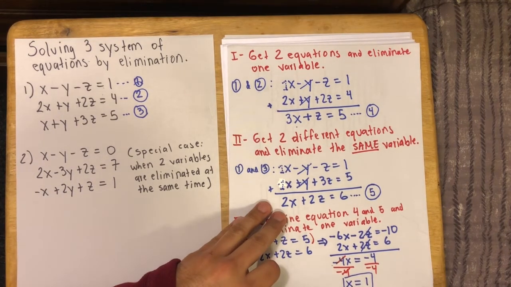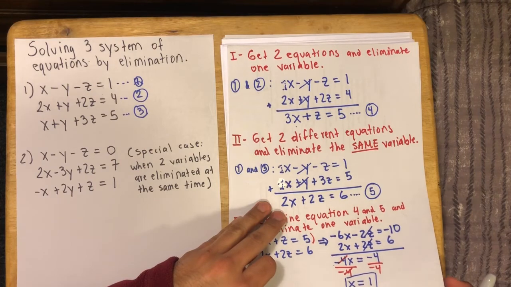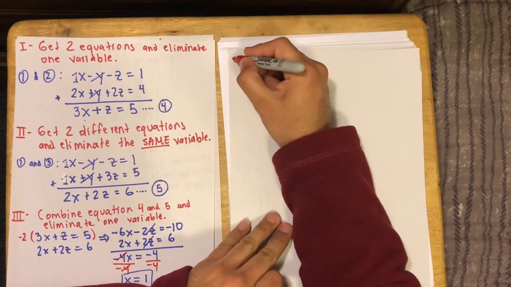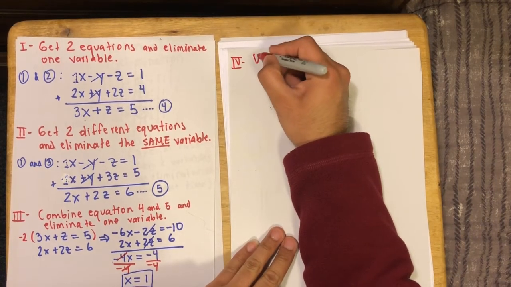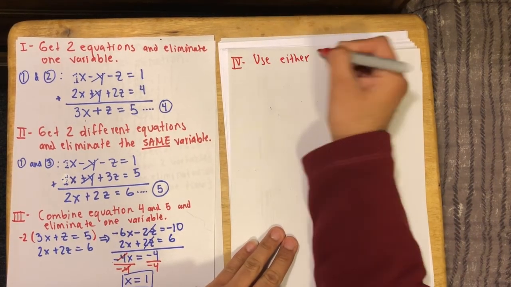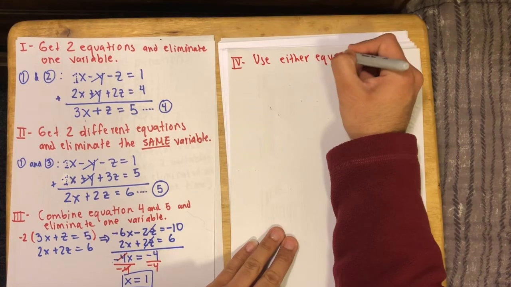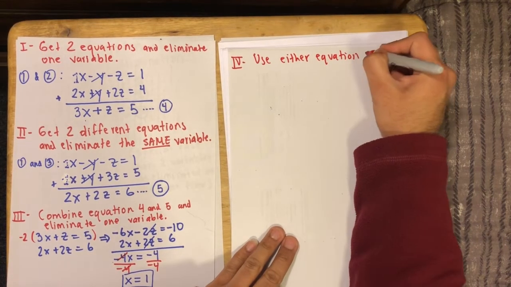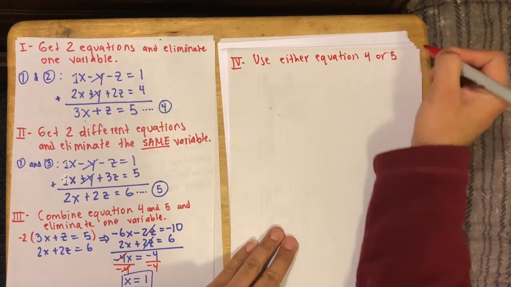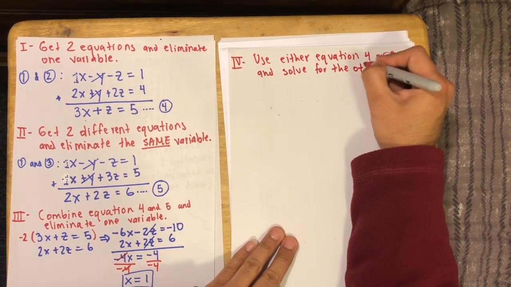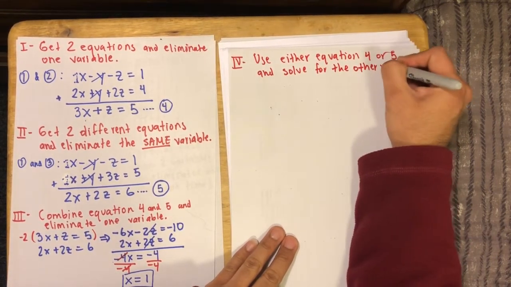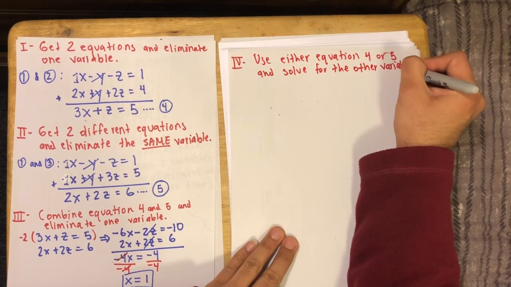Now, let's go to step 4. Step 4 is to use either equation 4 or 5 and solve for the other variable.